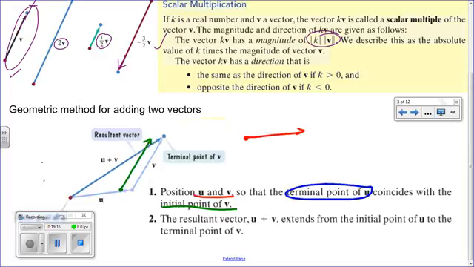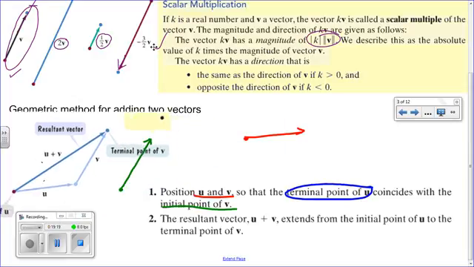So let's say you have your 2 vectors like that, right? And this is vector u, this is vector v. What this is telling me is that you want to position the terminal point of this one so that it coincides or overlaps with the initial point of the other. Like that.